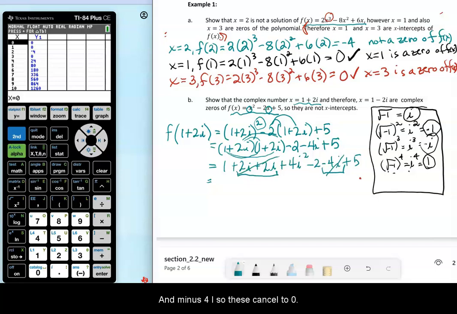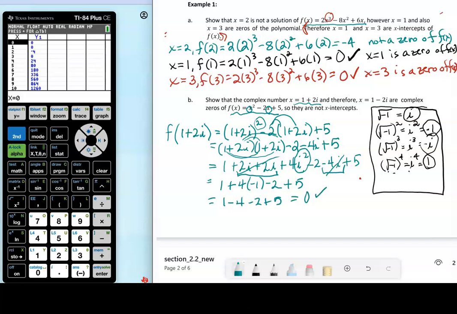So these cancel to 0. We have 4i squared, which we've defined i squared is equal to -1. So that means that where I have 4i squared, I actually have 4 times a -1. And then I have minus 2 plus 5. So 1 minus 4 minus 2 plus 5 equals 0.